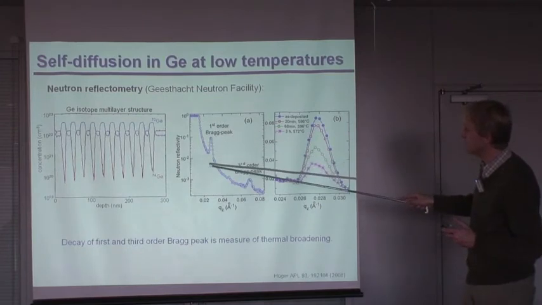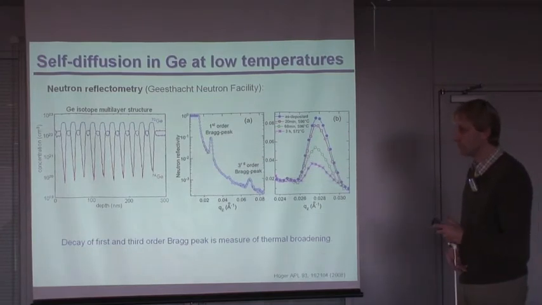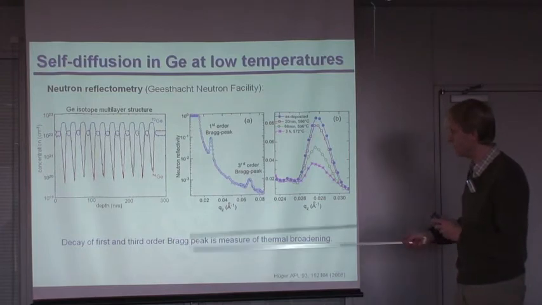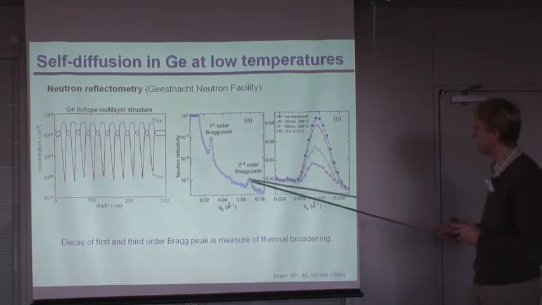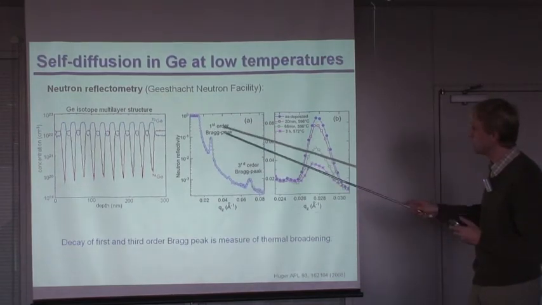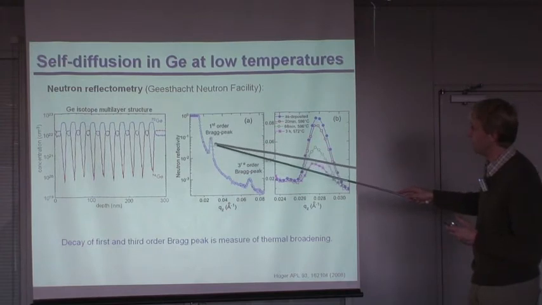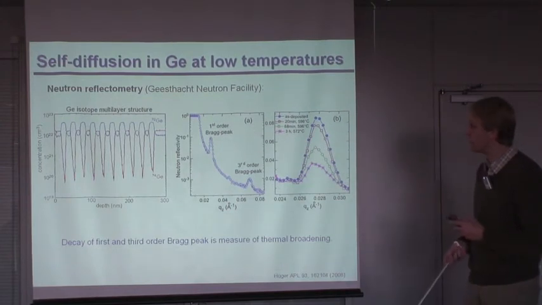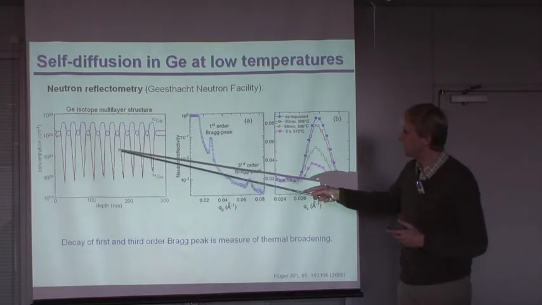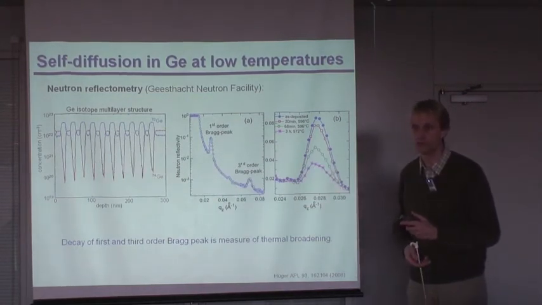So this is the Bragg peak due to the different scattering lengths of the neutrons in the germanium-70 and the natural germanium. So the first order peak, third order peak, and now usually one analyzes the decay of the first order peak by annealing such an isotope structure.